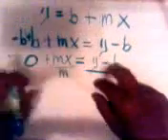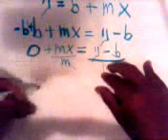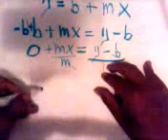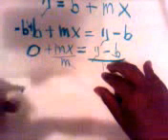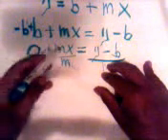All right. So m over m will give us 1. This is 0, and we're not going to write it anymore because it's 0.